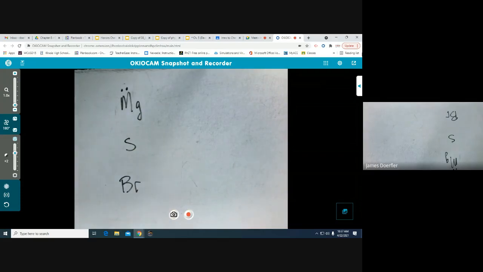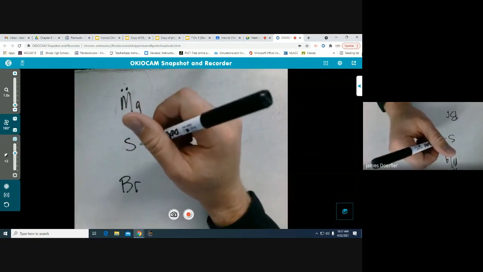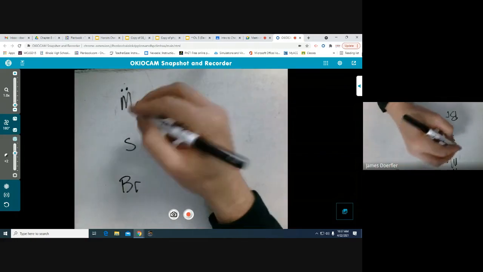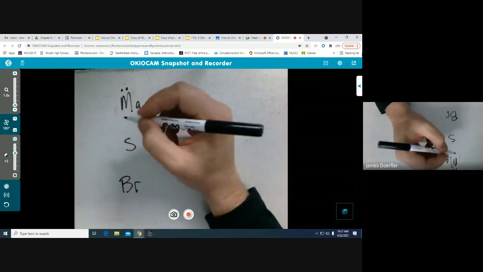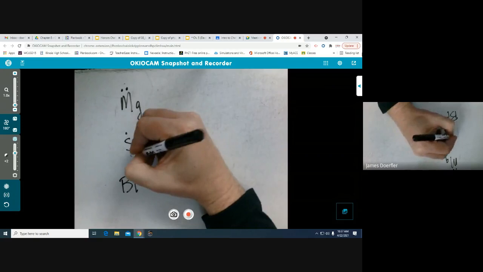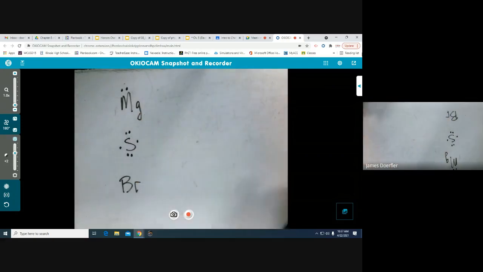Okay? Let's go to sulfur. What column is sulfur in? How many valence electrons does it have? 6. So again, if we do it by the guidelines in your notes, 1, 2, 3, 4, 5, 6.